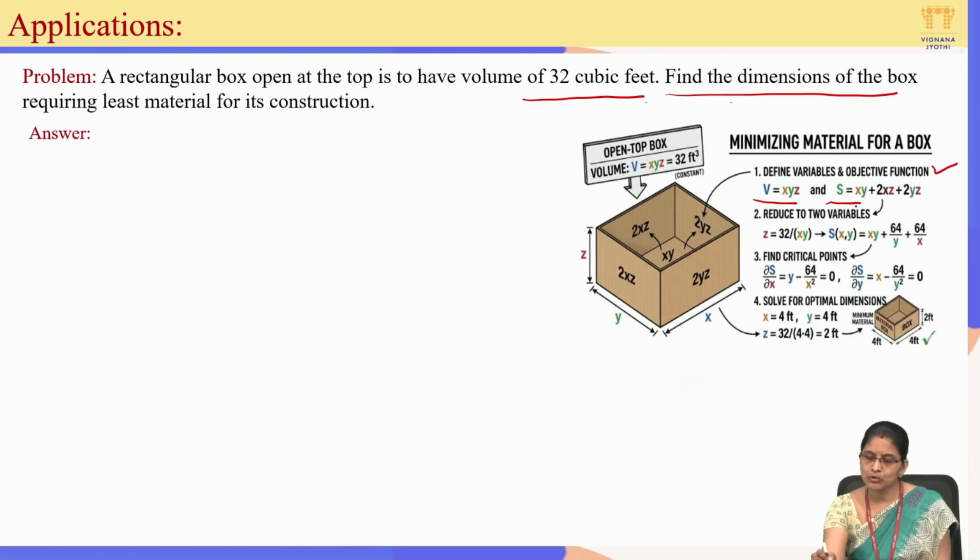Next, in the second step, we have to reduce to two variables. So in place of Z, we substitute V by XY. Then we are reducing it to two variables. And in the third step, we have to find the critical point. Finally, we have to solve for the optimal dimensions.